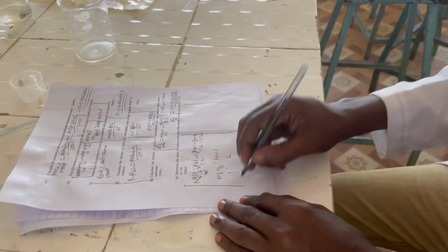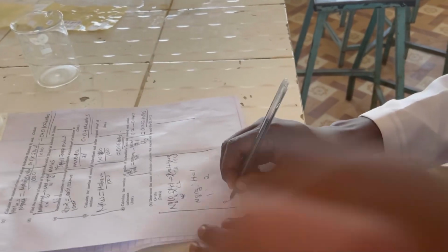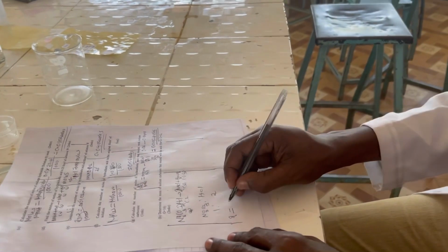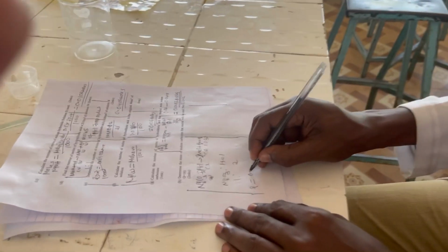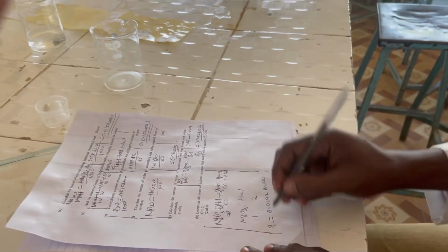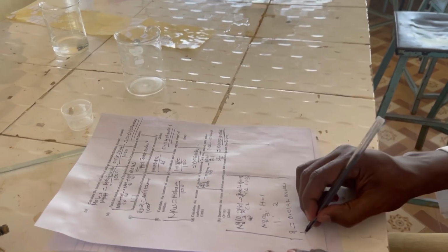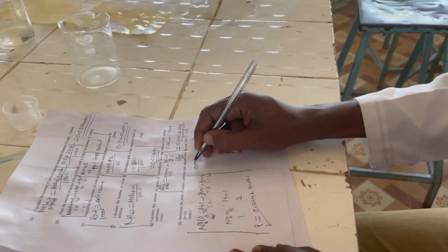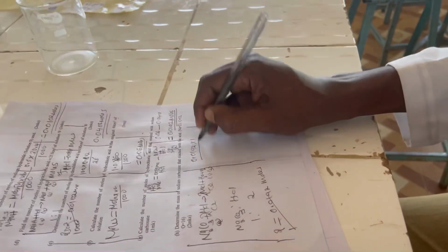Good. So if 2 moles of the hydrochloric acid react, that has 0.0192 moles. How about 1 mole? So 1 mole equals 0.0192 times 1 divided by 2.